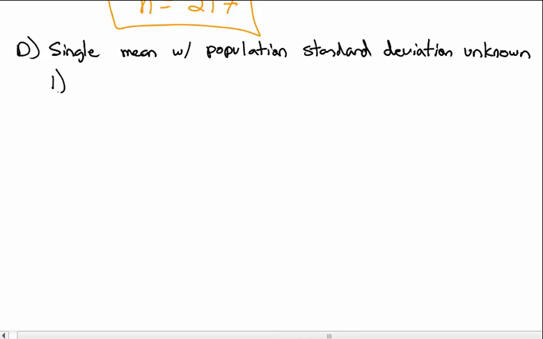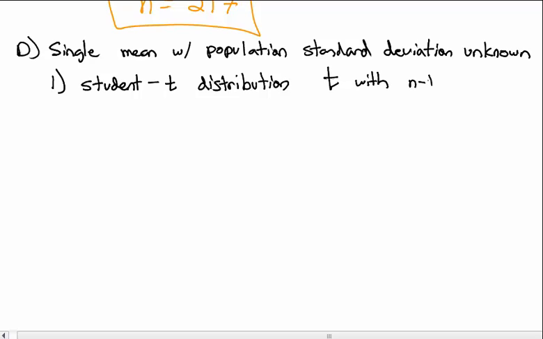If we don't know the standard deviation, we're going to kind of have to fudge on it. And the way we fudge is we are going to use what is called the student t distribution. Often it's written as t with, we'll say, n minus 1 degrees of freedom.